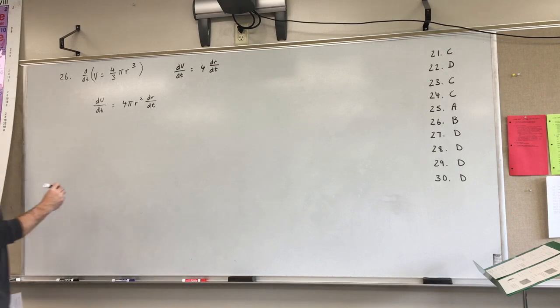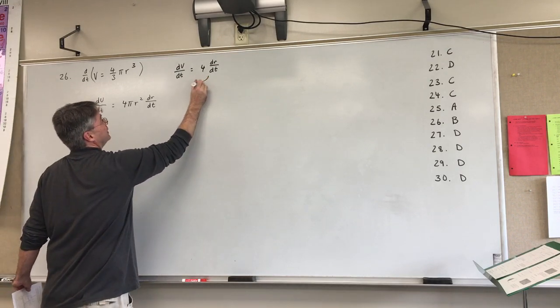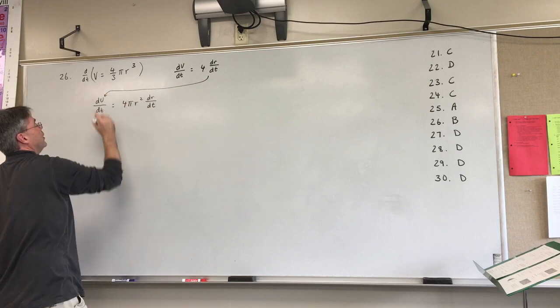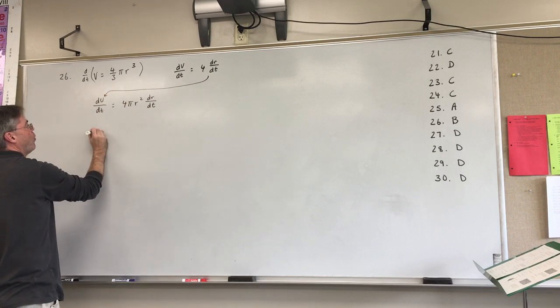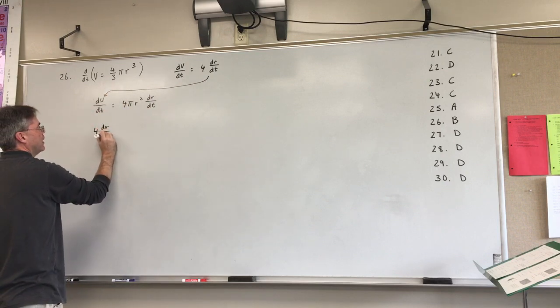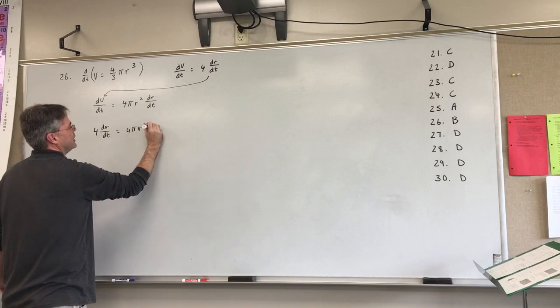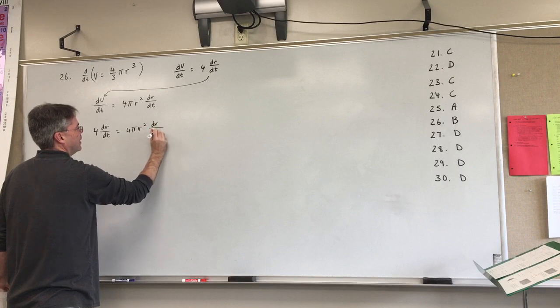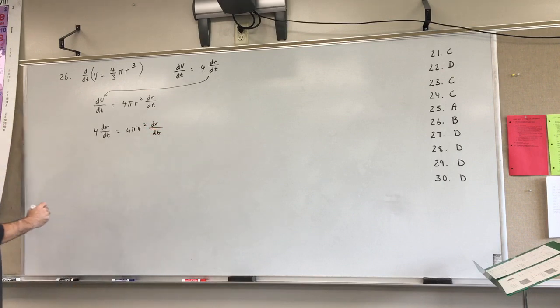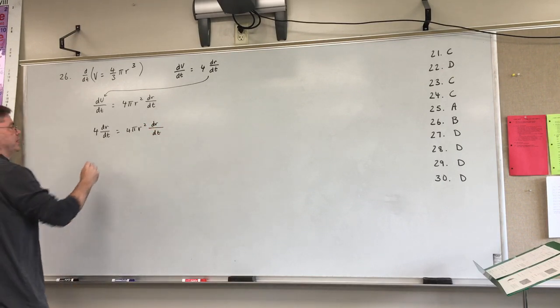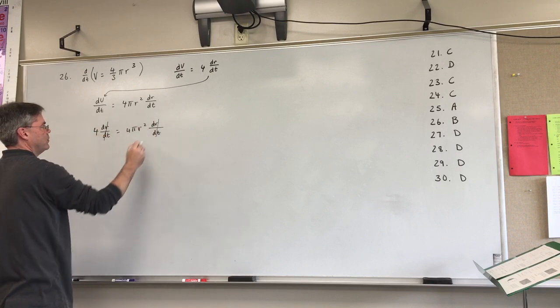All right, we know that dV/dt is just 4 dr/dt. So I've got 4 dr/dt is equal to 4 pi r squared dr/dt. Well, the dr/dt's are just going to cancel out.